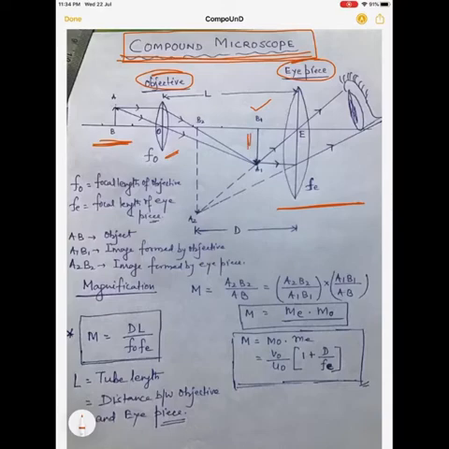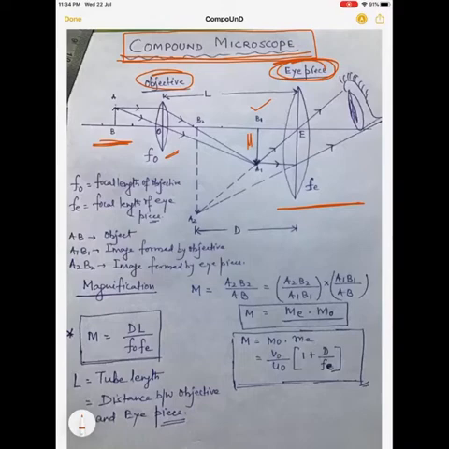Now this A1B1 acts as the object for the eyepiece. Now the eyepiece can be moved such that A1B1 lies between the optical center and focus of the eyepiece.